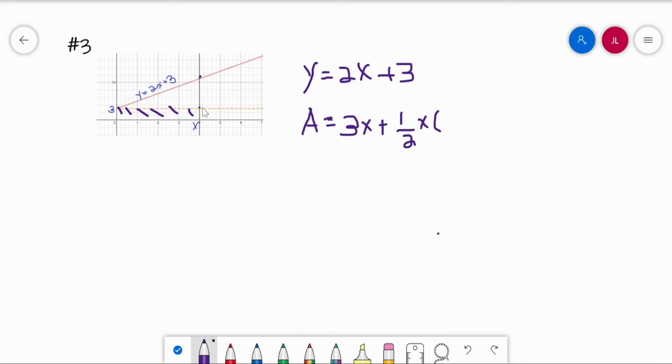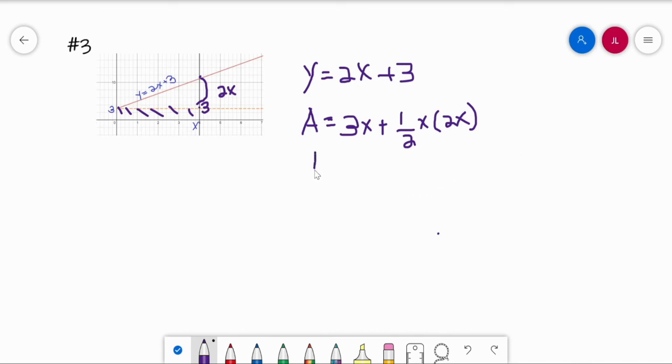And this height is 3. So 2x plus 3 minus 3 must just mean that this height is 2x, right? So the height of the triangle is just 2x. You might have to go over that again for yourself a couple of times.